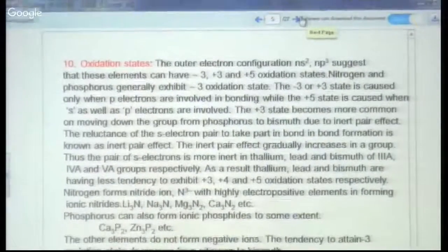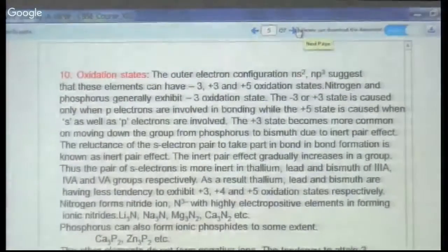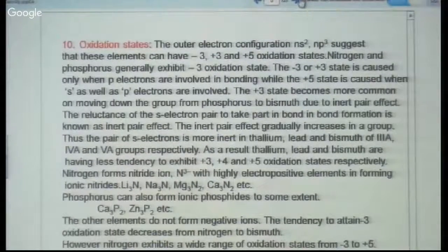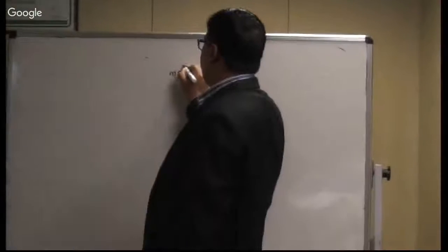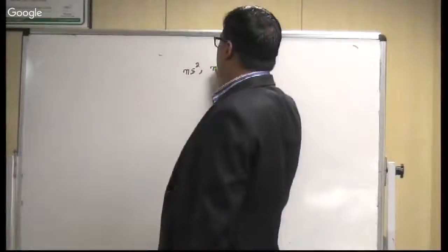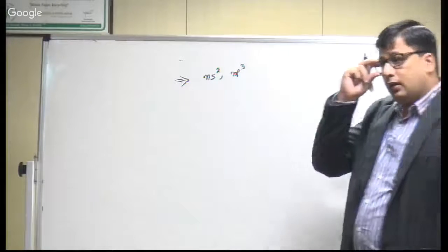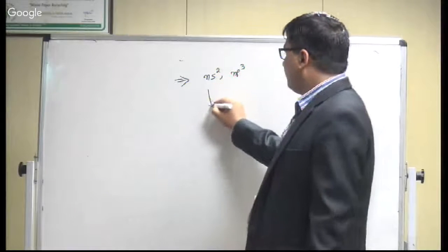So oxidation state, as we have already discussed regarding the inert pair effect. Oxidation state mainly depends upon two factors. See, the valence electron configuration is ns2 np3 for all elements. Okay. So to gain the octet, there are two options.